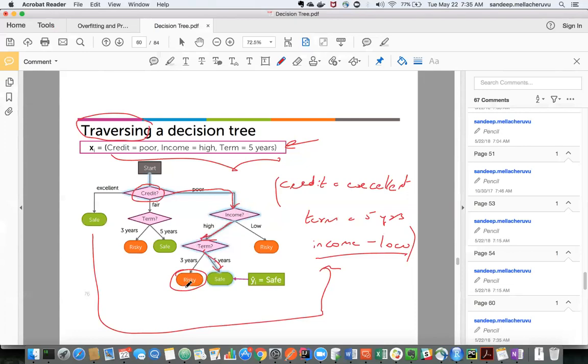You can easily answer saying your credit history is poor, as well as your term is low, or term is only 3 years. That is why we rejected your loan application, but the other person, even though his income is low, his credit history is excellent. So that's why we predicted a safe loan.